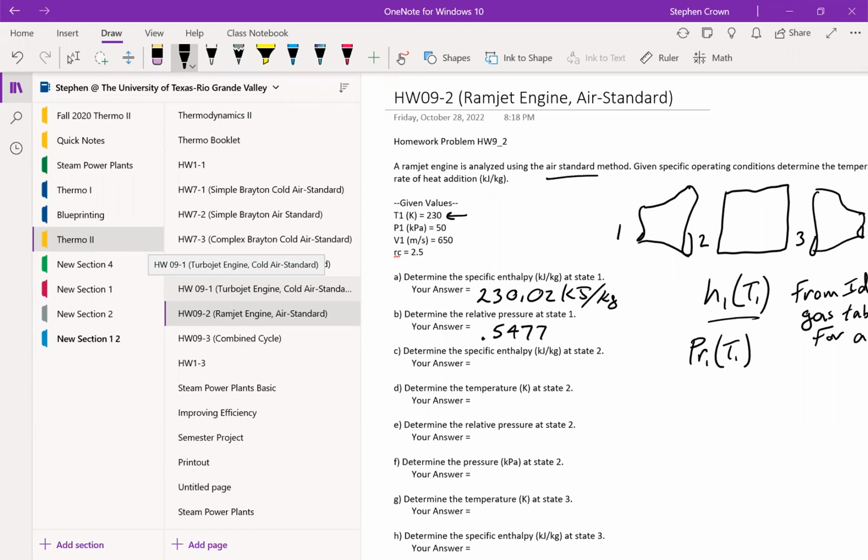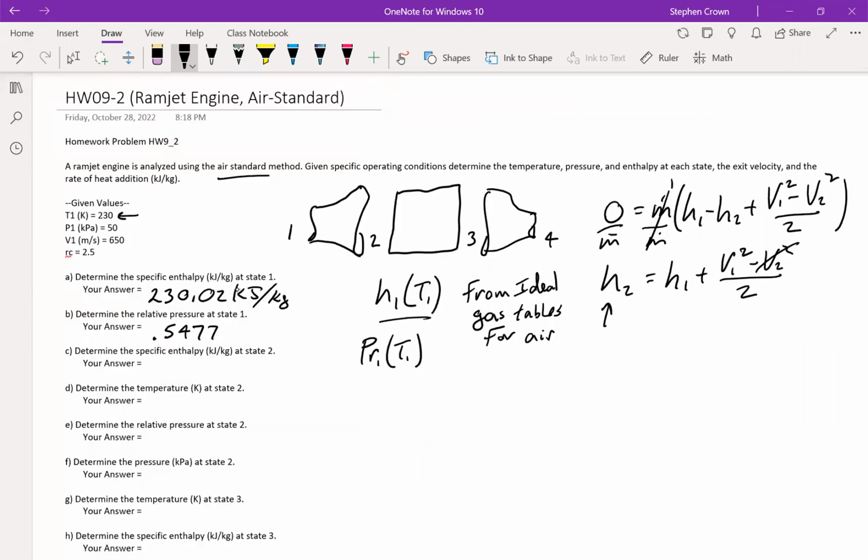Now, to find state 2, we use our equation, which is going to then be 230.02 plus 650 meters per second, squared. We'll have units then of meters squared per second squared, and then divided by 2.